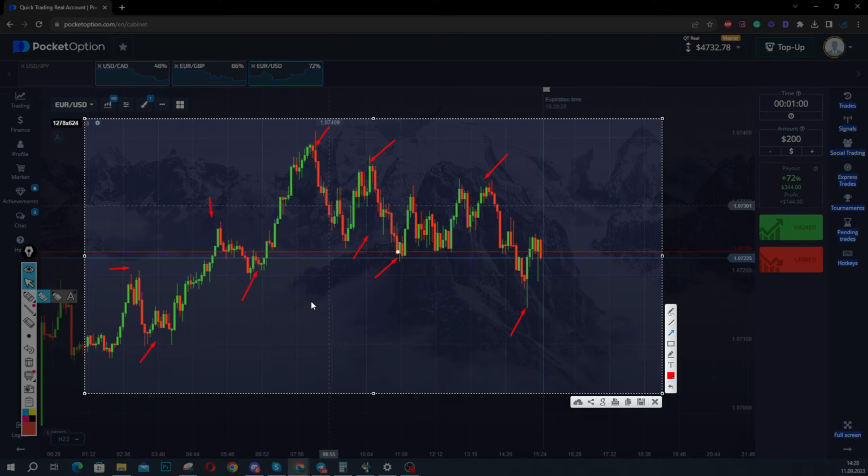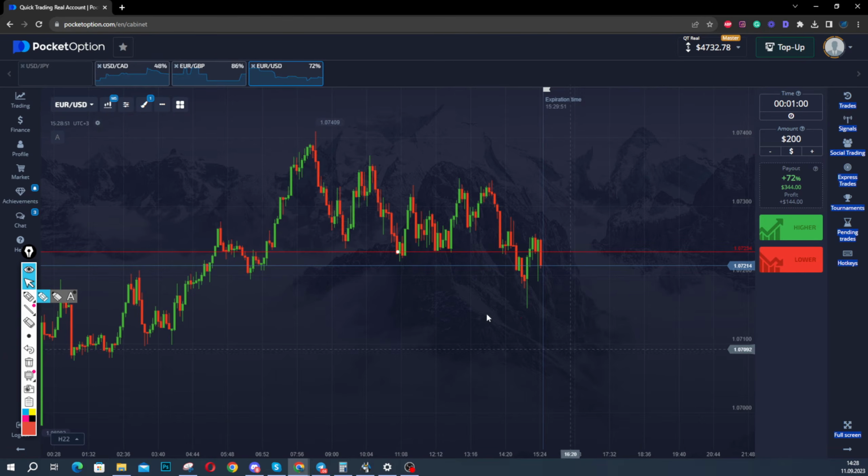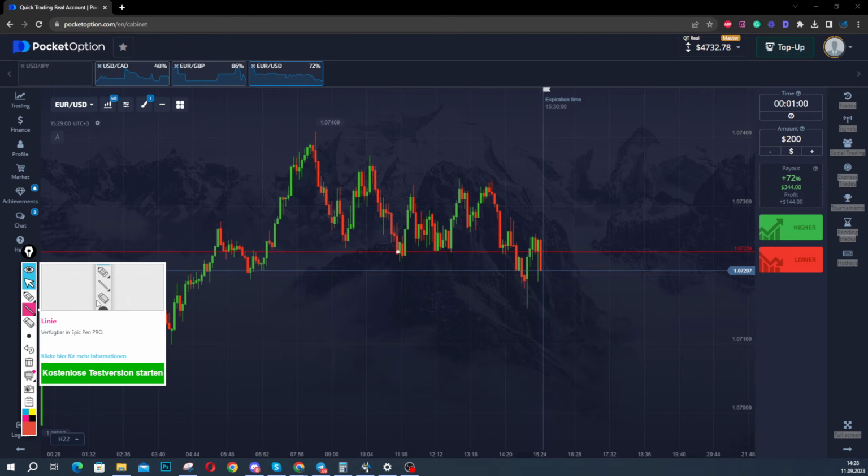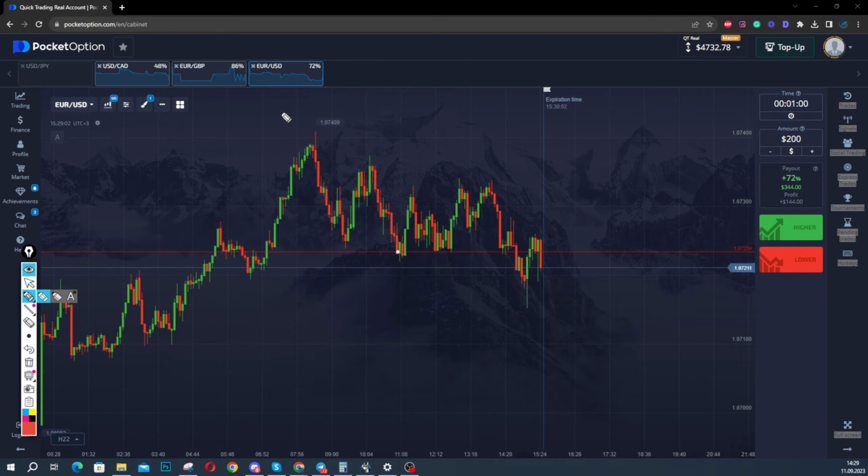Using highs and lows, I can also say this is an uptrend, this is a downtrend. We follow the simple principle: higher high, higher low, or lower high, lower low, and it's a trend.